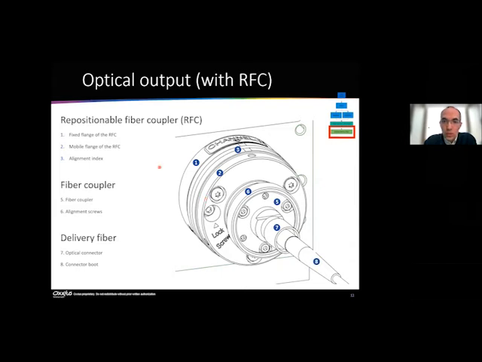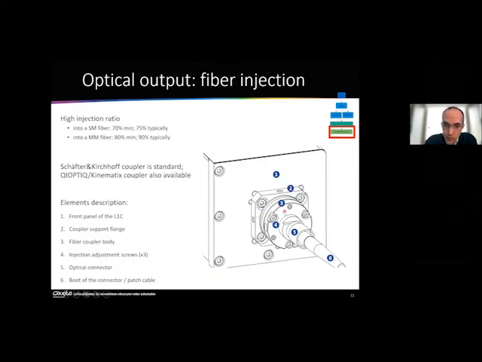This is another system that we propose. It's called a repositionable fiber coupler, and it is meant to remove the whole coupler without having to remove the fiber. So you see you have an extra flange over the optical coupler compared to the previous slide.